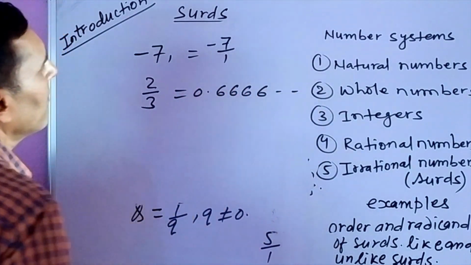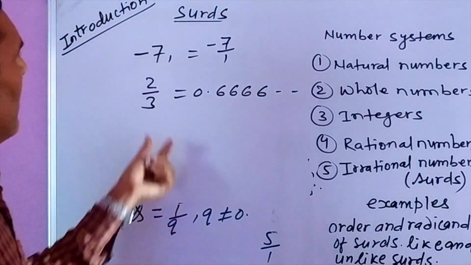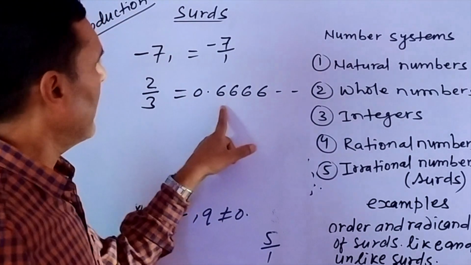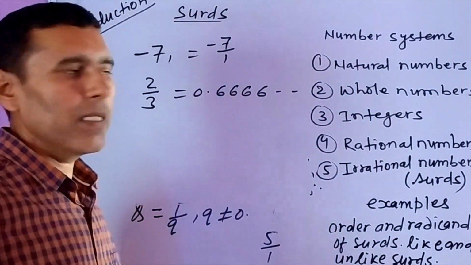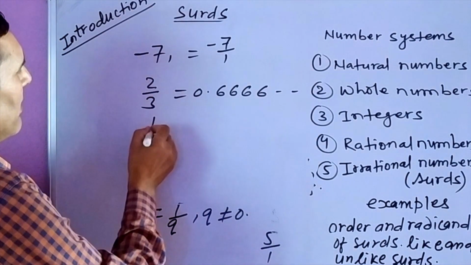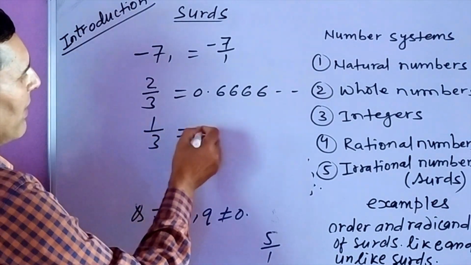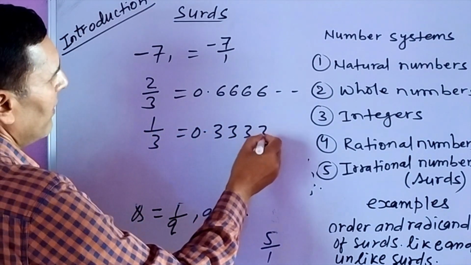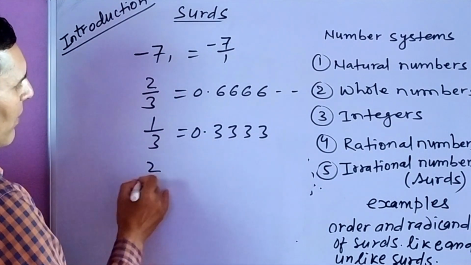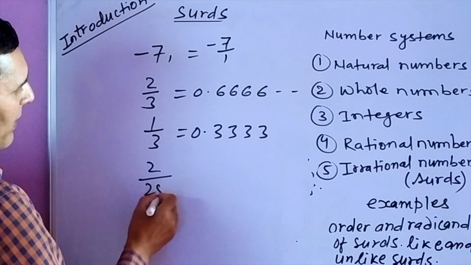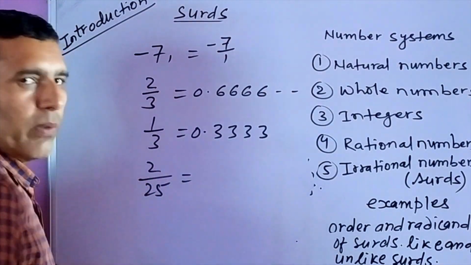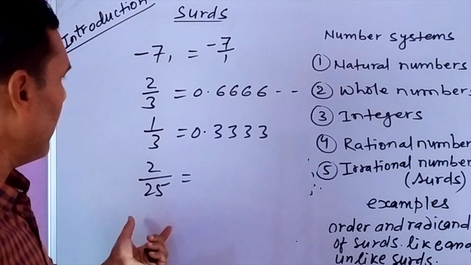If you divide this, you will get 0.66666 like this. We get this decimal value as a non-terminating but recurring decimal. If you divide 1 by 3, you will also get the same kind of thing, 0.33333. Now 2 upon 25, if you divide, you will get a terminating decimal.